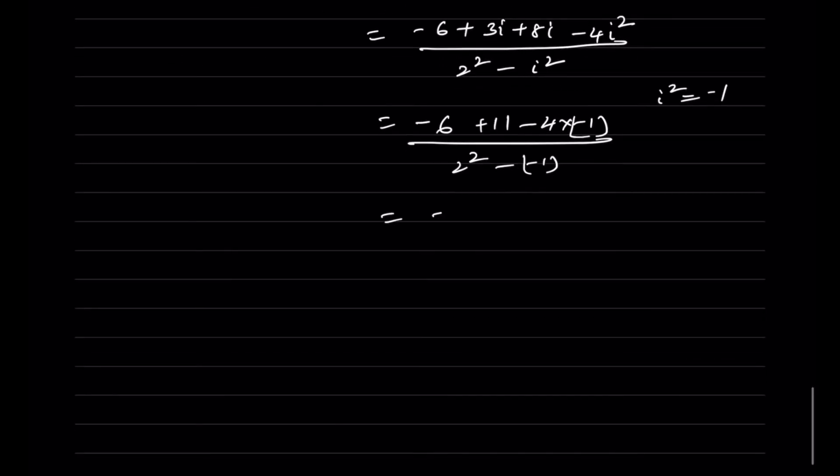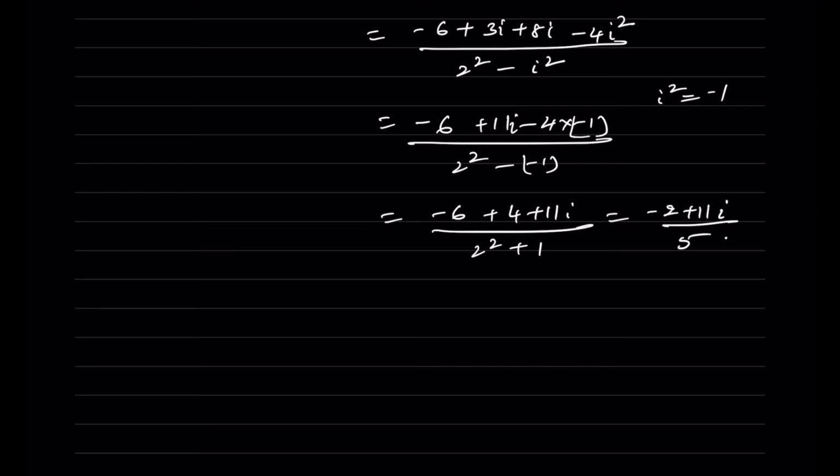Which is equal to -6 + 4, which is -2 + 11i, divided by 2² + 1. So here you are getting -2 + 11i divided by 5, which is equal to -2 by 5 + 11 by 5 i.